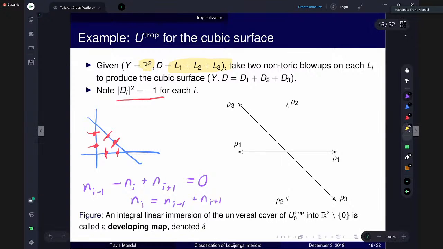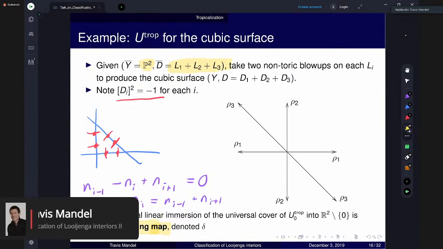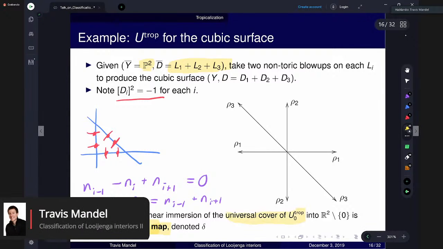So what I'm actually going to draw here, or what's actually already drawn here, is what's called the developing map. The developing map is basically you take the universal cover of U-trop minus the origin, so this kind of infinite spiral, and then we define an integral linear immersion of this into R2 minus the origin.